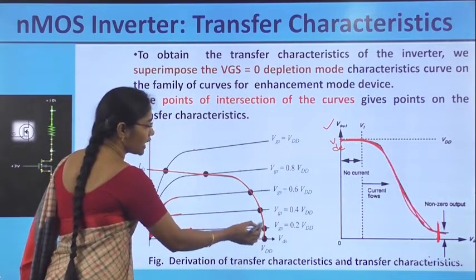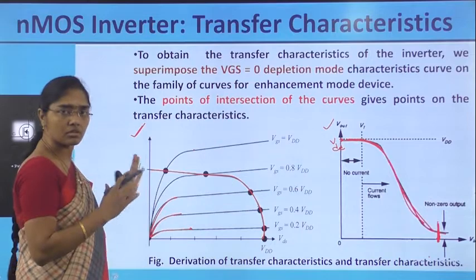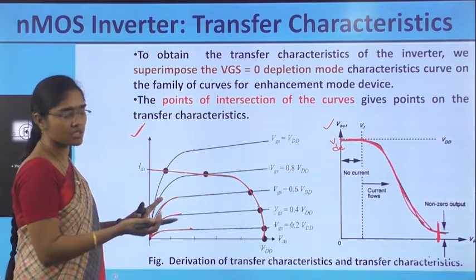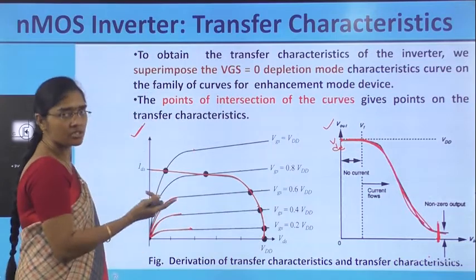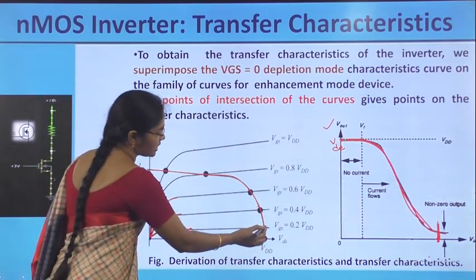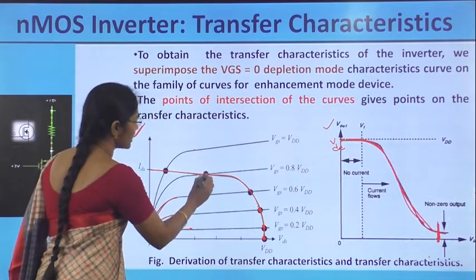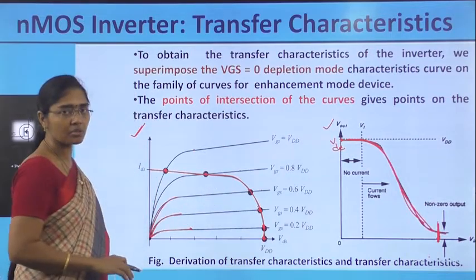Overlapping of these two characteristics will give some points, those are the intersecting points. So this is an intersecting point, and like that we are going to have intersecting points.